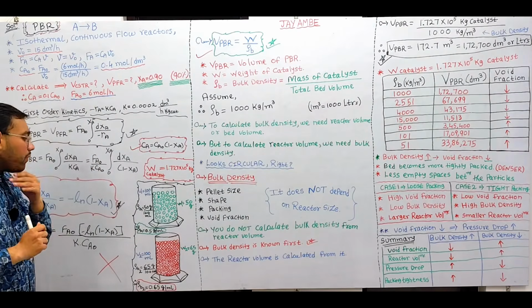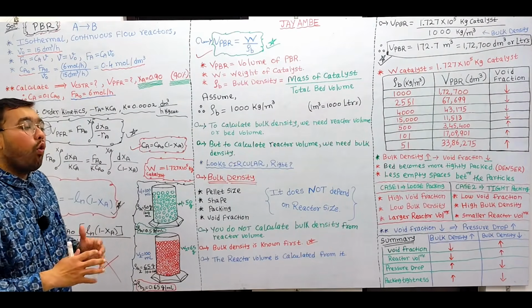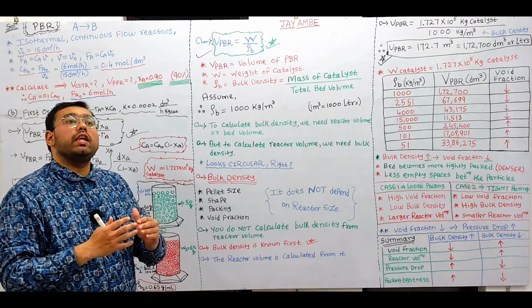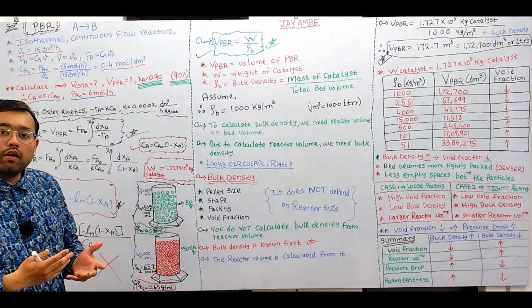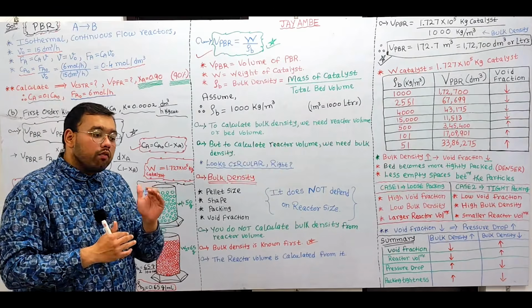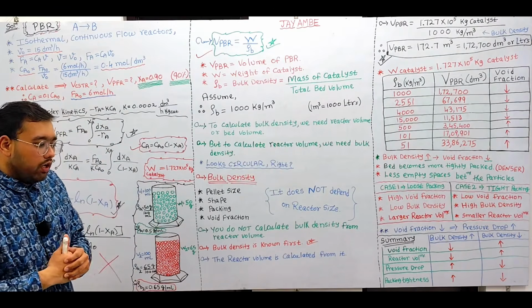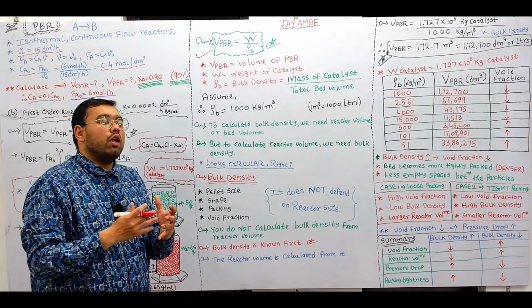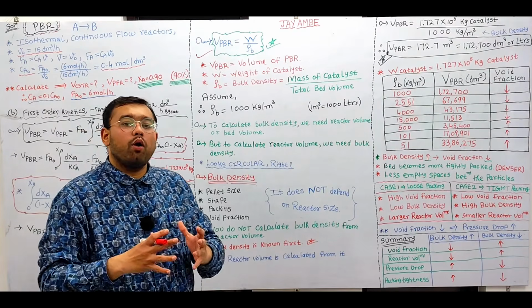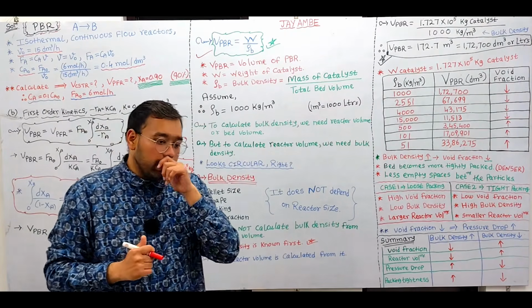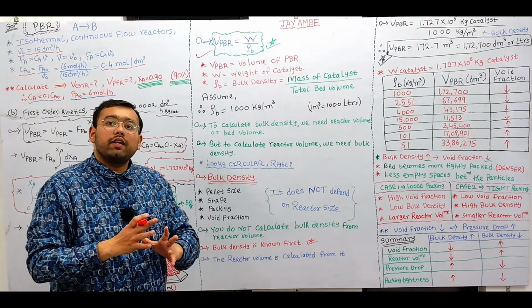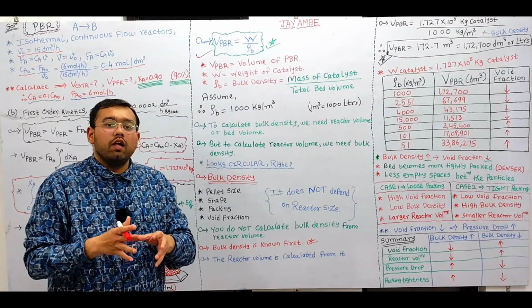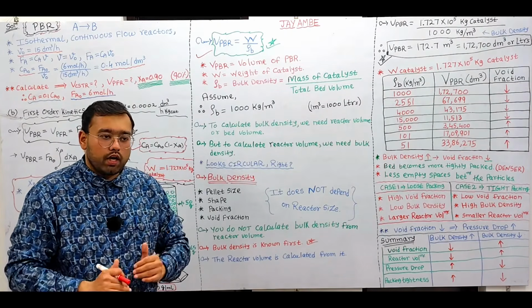Now what will happen if the bulk density increases? And what if the bulk density decreases? Let's understand in a broad perspective. If the bulk density is increased, the void fraction decreases, due to the tight packing of the solid spherical catalyst.